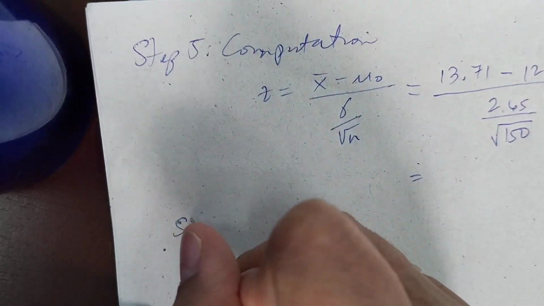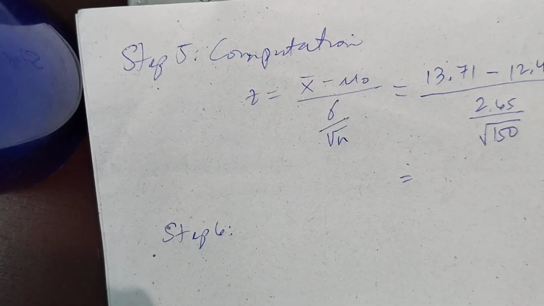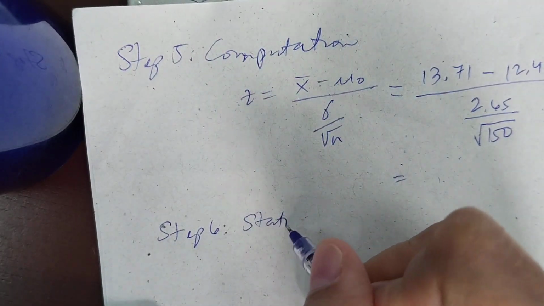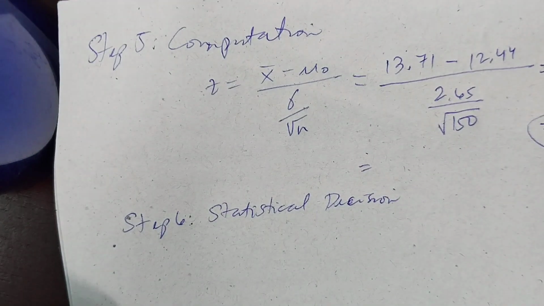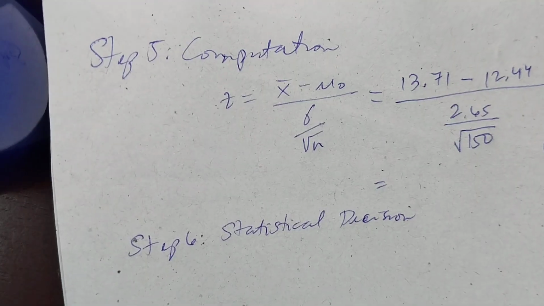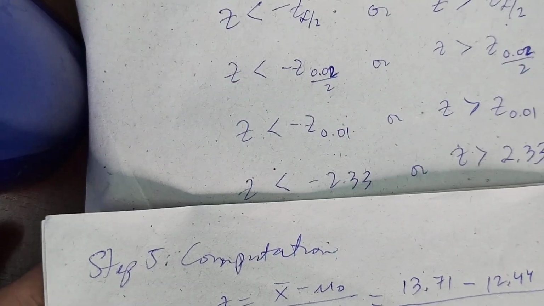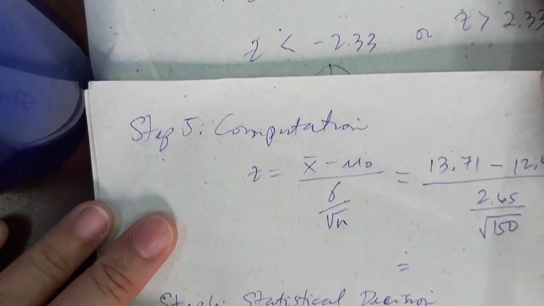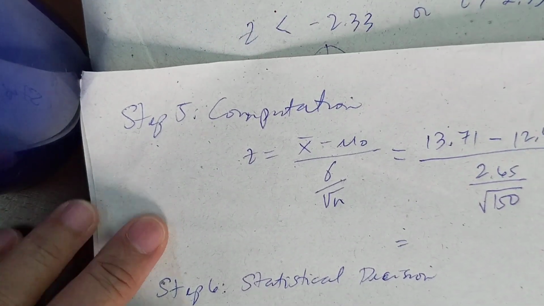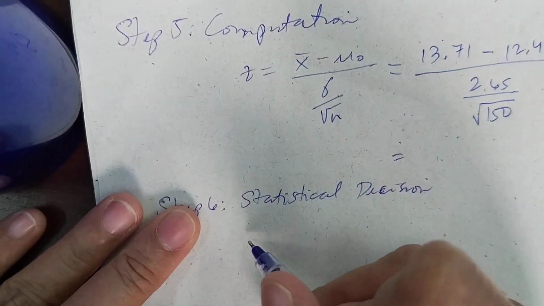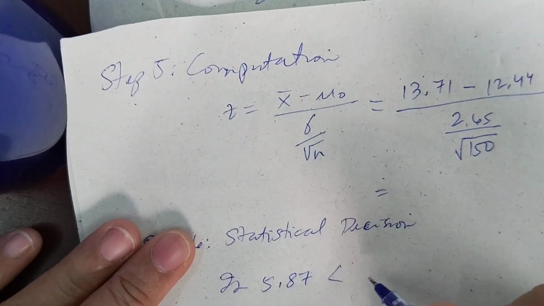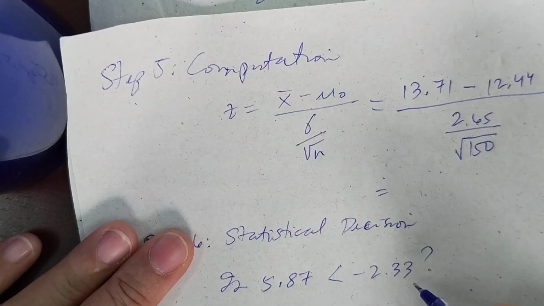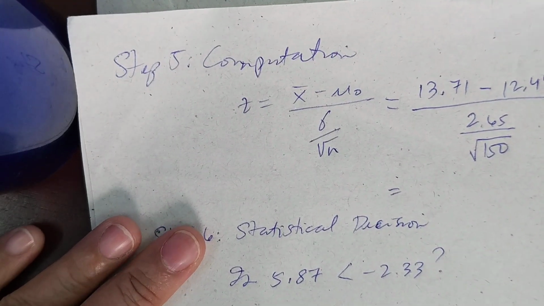Now, let's go to step 6. Step 6 is your statistical decision. This is dependent on your critical region. If you recall your critical region, is your 5.87 less than negative 2.33? This is from the critical region in step 4.